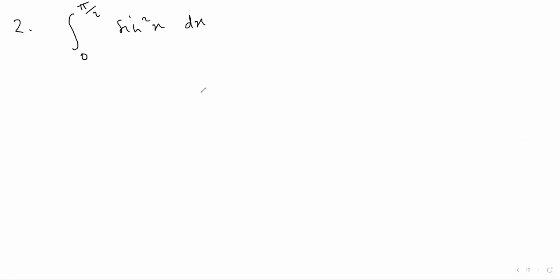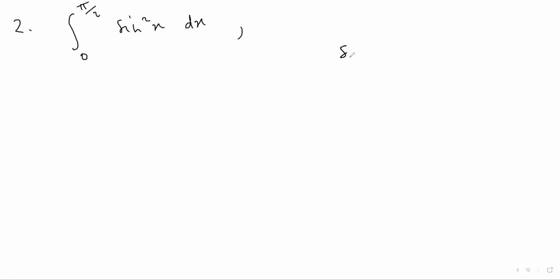Again, we have a trigonometric function, and we can see that we cannot use the substitution rule here. So again, we go to the formula sheet and find a suitable identity to apply in order to evaluate this integral. I will provide you with these trigonometric identities in the formula sheet.